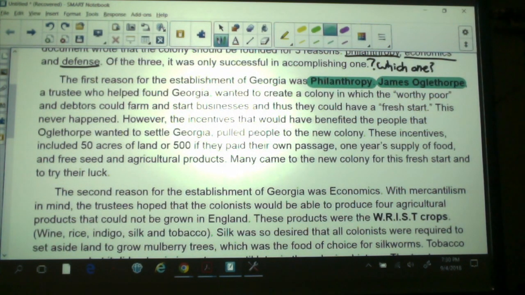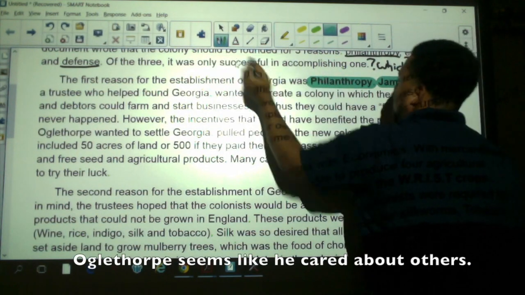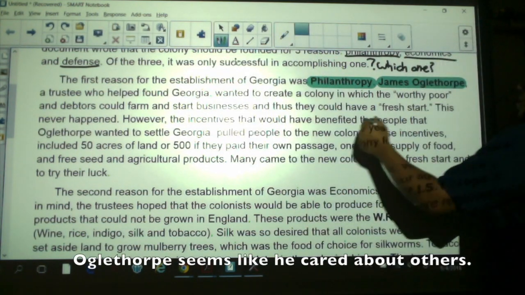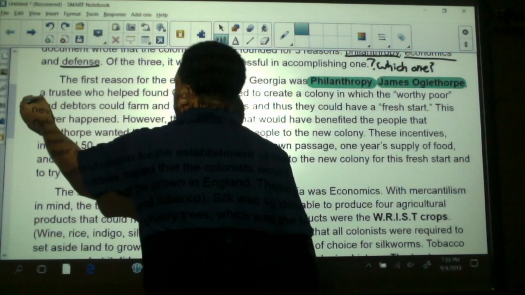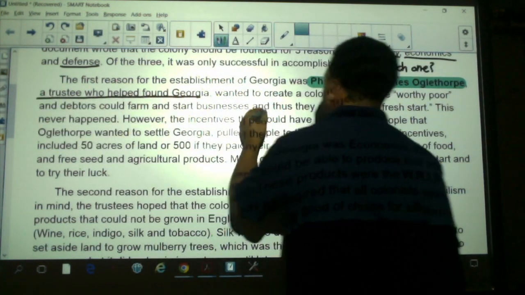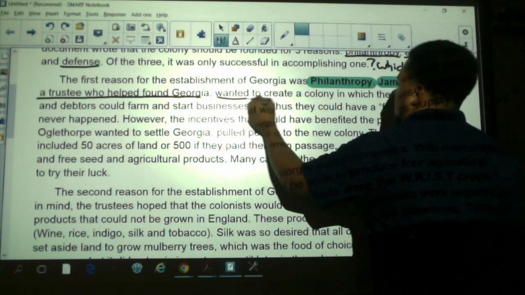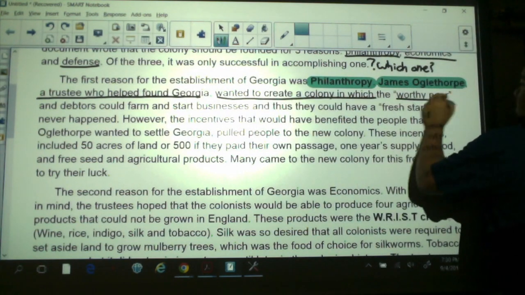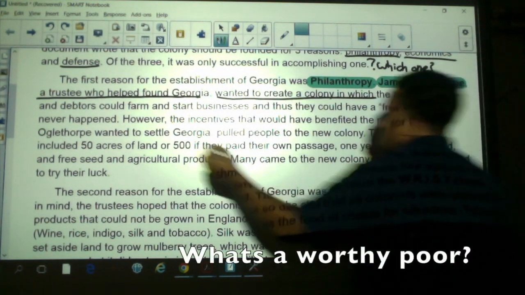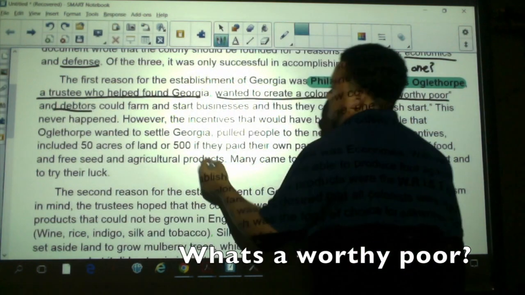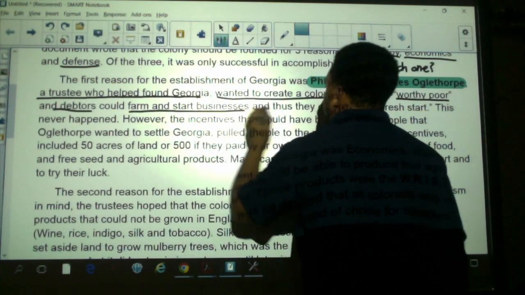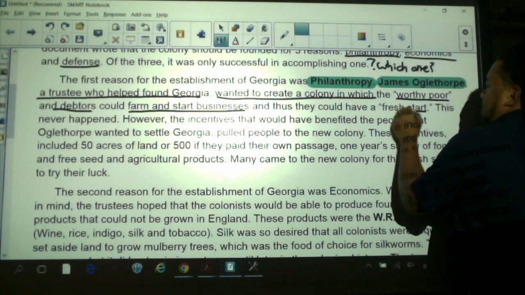So this seemed like it's important. All right. So he was the trustee of Georgia, and he wanted to create a colony for the worthy poor and debtors, allow them to farm and start businesses, and thus have a fresh start. Okay.